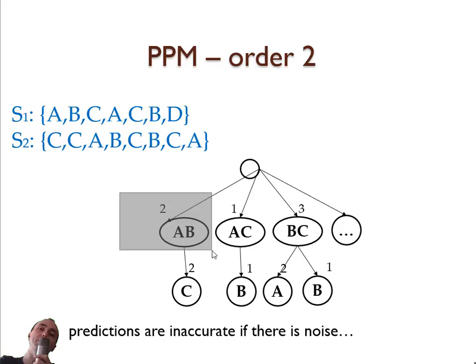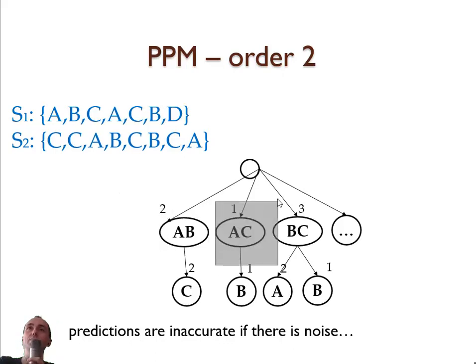So AB, one after the other, appears 2 times. AC appears 1 time. BC appears 3 times. And then, like before, AB followed by C appears 2 times. That's what it means. AC followed by B appears 1 time, and so on.